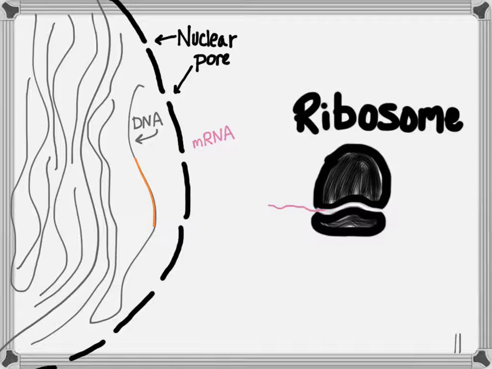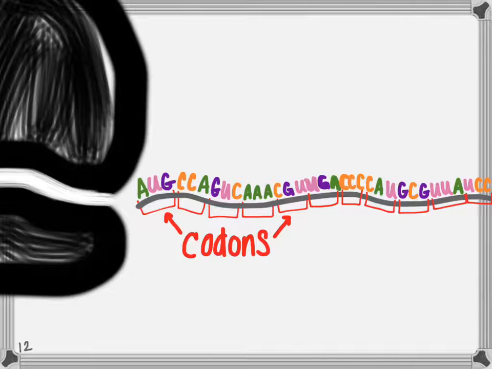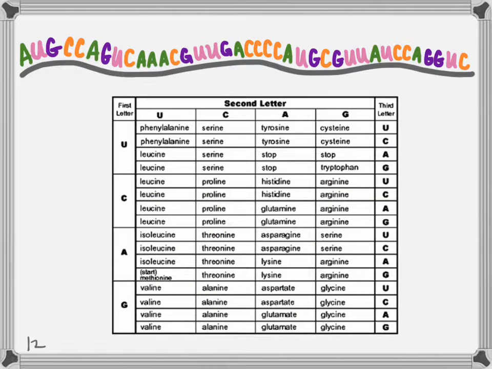Yay! Now what? Once mRNA gets to the ribosome, it gets fed through it and is read by the ribosome. The mRNA is read in 3 base chunks called codons, and each codon actually codes for a specific amino acid.